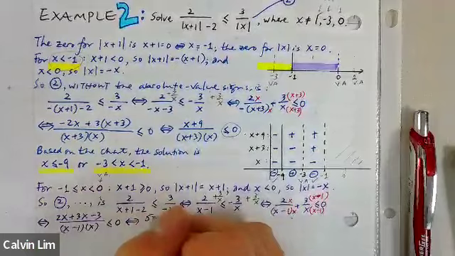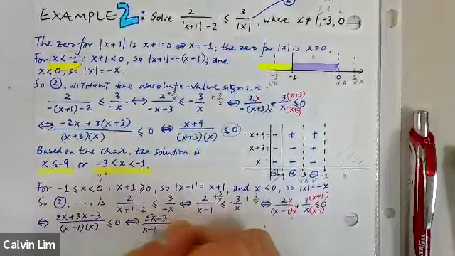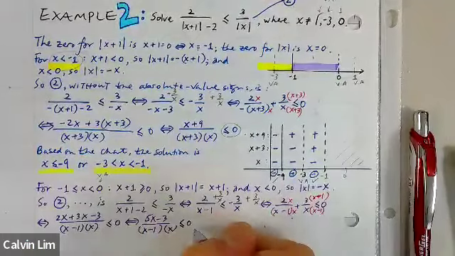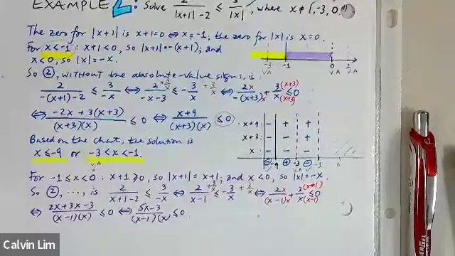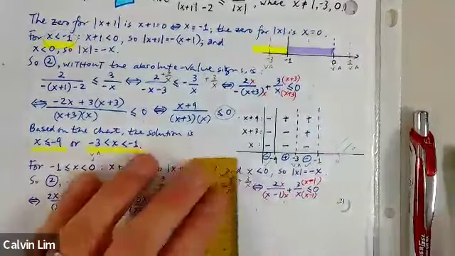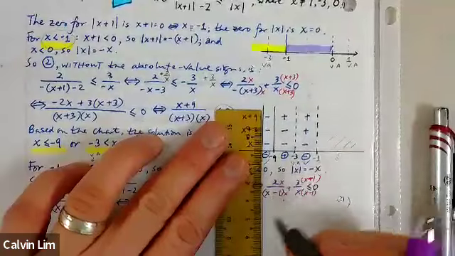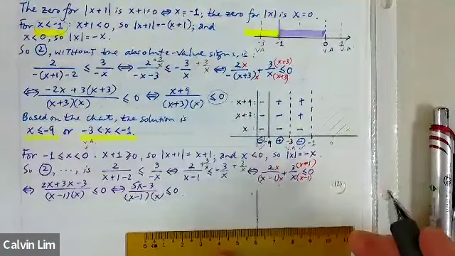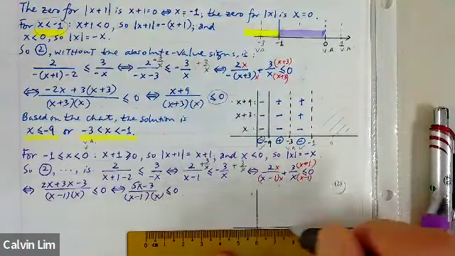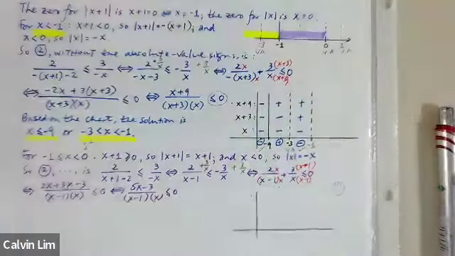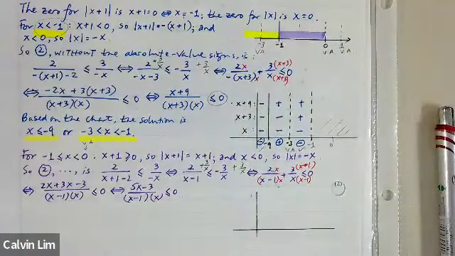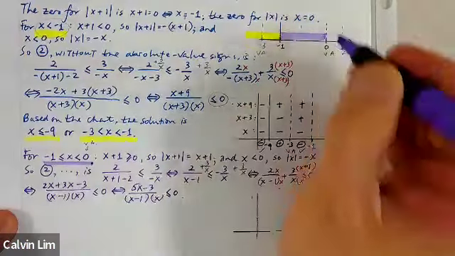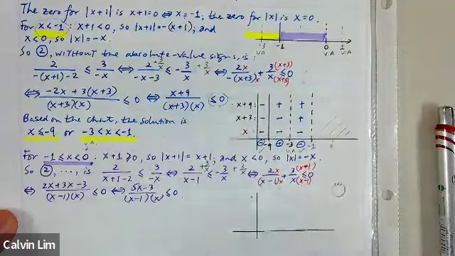Simplifying gives me 5x minus 3 over x minus 1 times x is less than or equal to 0. To solve this inequality, I can use the chart method or the number line method. Of course, this is the region we are investigating, between -1 and 0.